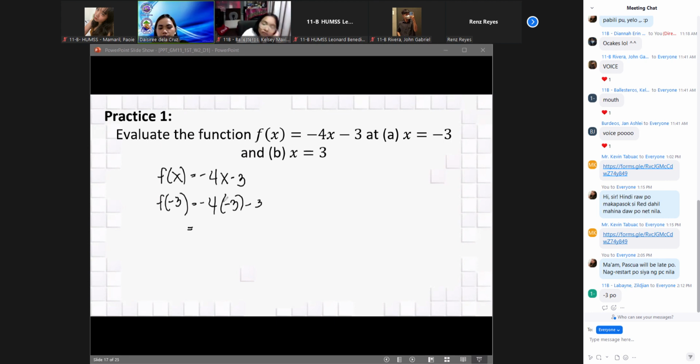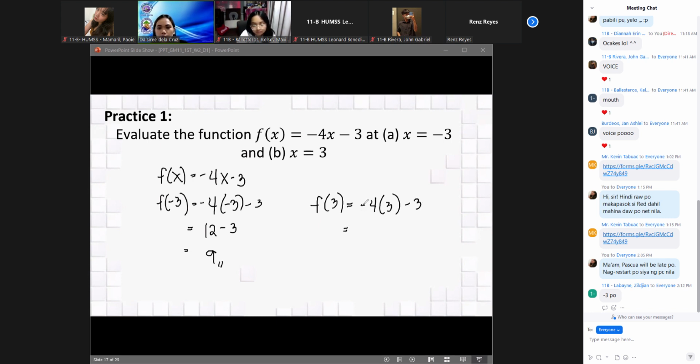Negative 4 times negative 3, positive 12. Positive 12 minus 3. So ito yung sagot natin sa letter A. And then for letter B naman, we need to substitute positive 3. So f of 3 is equal to negative 4 times 3 minus 3.